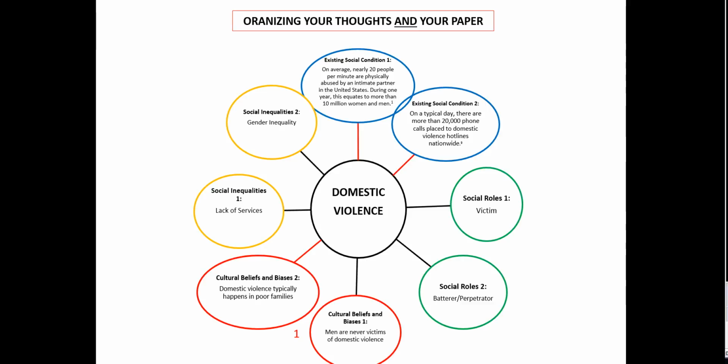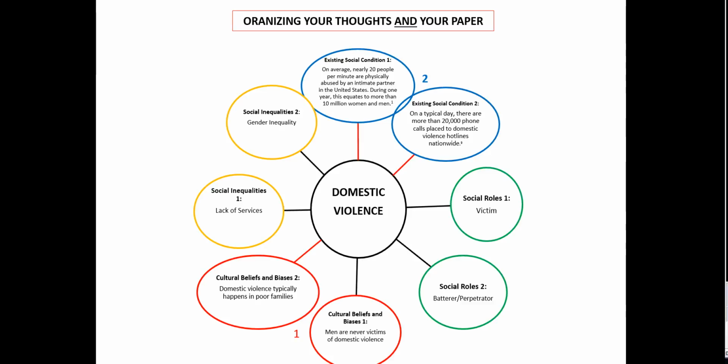But perhaps in the beginning you might want to start with cultural beliefs and biases, and really talking about what people or society in general think about your issue, those misconceptions or myths, followed by the existing social conditions that most likely will dispel those cultural beliefs and biases or those myths that are attached to it, right?